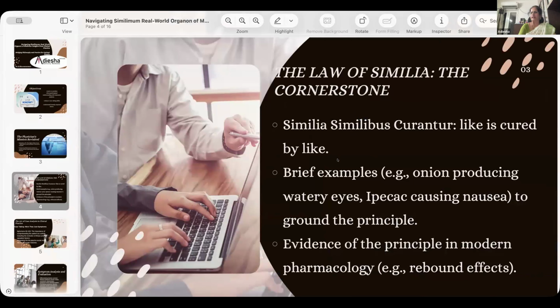Hahnemann's law of similia, Similia Similibus Curentur, stands as the cornerstone for clinical practice in homeopathy with ethical ways. Let likes be treated by likes. As an example, in our routine, if we peel an onion, there will be watering of eyes. Similarly, in homeopathy, ipecac, when given in crude form, induces nausea; when triturated in homeopathic form, it cures nausea.